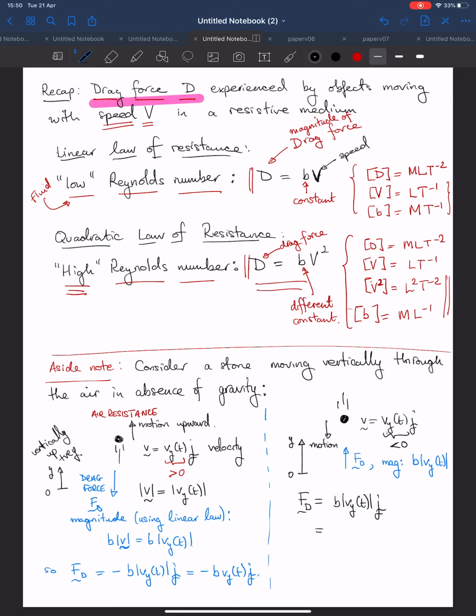But I can go one step further. Remember that this is negative. So I can write this as minus b v_y, taking out the modulus, because the minus in the v_y makes it positive.